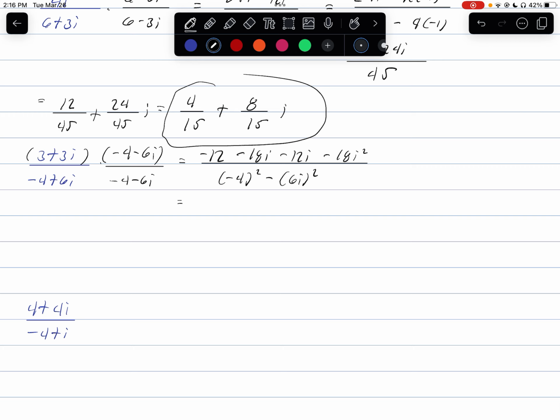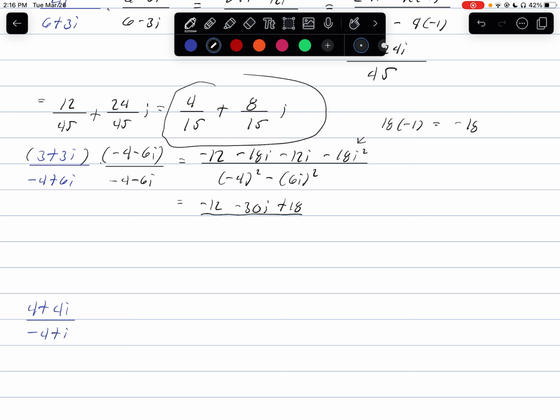So this will become negative 12 minus 30i, and this will become plus 18. Okay, because this becomes 18 times negative 1, which is minus 18. So minus a minus 18, that's plus 18.